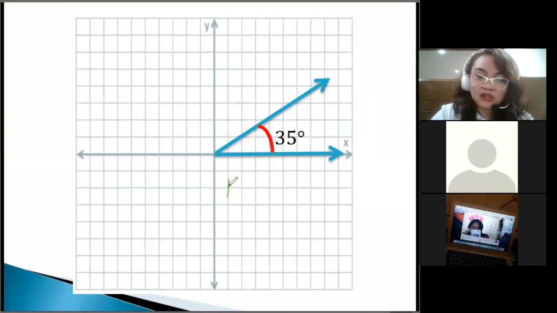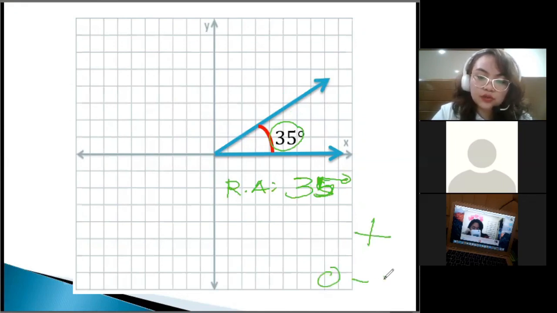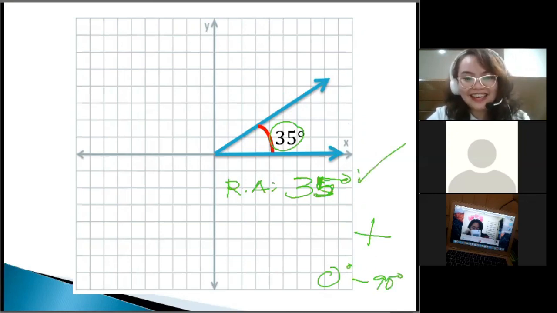If we measure the reference angle, it will be 35 degrees. We hit the two characteristics: it should always be positive and between 0 and 90 degrees. So 35 degrees is check.